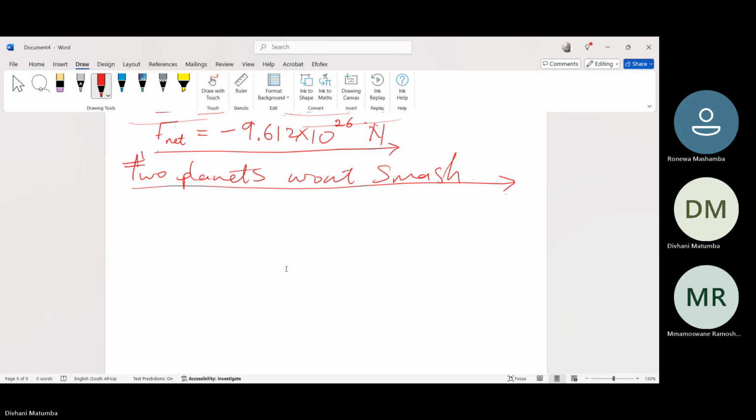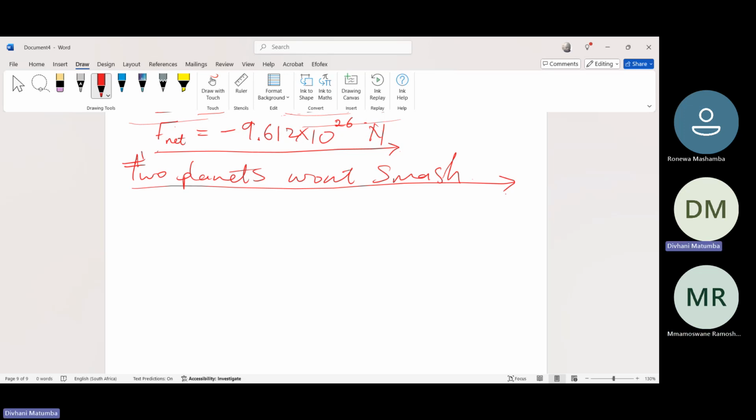Yes. What is the formula for calculating the electric field? It's E equals KQ over R squared. Yes, perfect.